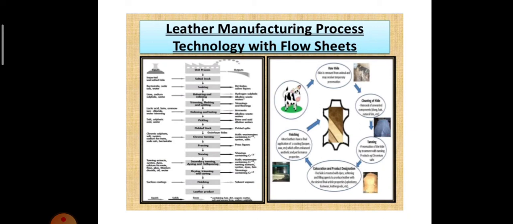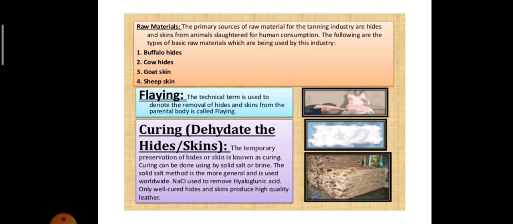In the previous class itself we discussed that hide is nothing but the outer covering of big domestic animals like cow, buffalo, then camel, etc. And skin is nothing but the outer covering of small domestic animals like goat, sheep, rabbit, etc. Now it contains two layers, the outer layer and the inner layer.